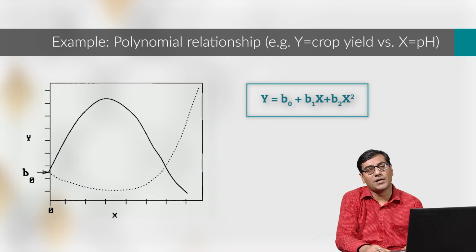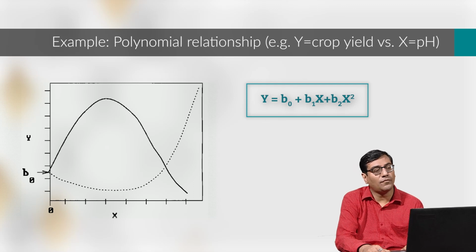This also boils down to any kind of nonlinear relationship that can exist. In the other discussions, in case of regression, we always stick to a linear relationship, but in the overall sense, the relationship can also be nonlinear. So thereby we go by a polynomial relationship, where y is the crop yield and x is the pH factor.